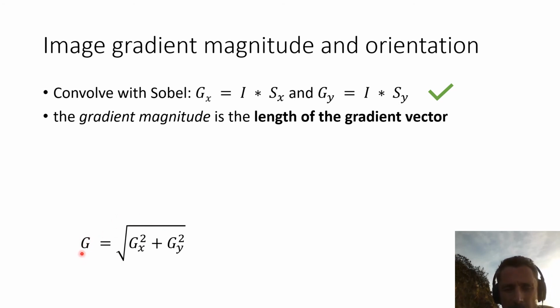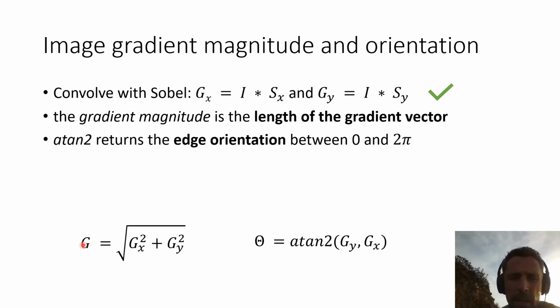And so we have a matrix that has the size of the image, and which has the length of this gradient vector stored in each of these image locations. Now we'll use the angle of the gradient vector, which is a two-dimensional property, but we actually just need an angle. We can extract that angle by using atan2, which provides an angle between 0 and 2 pi. And that also is a matrix.